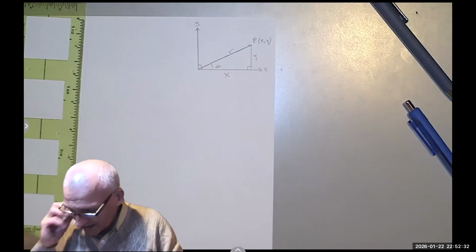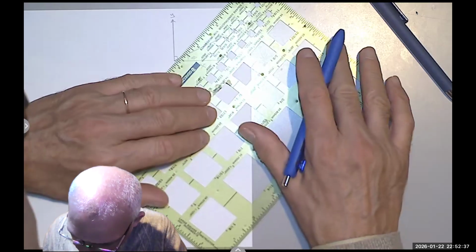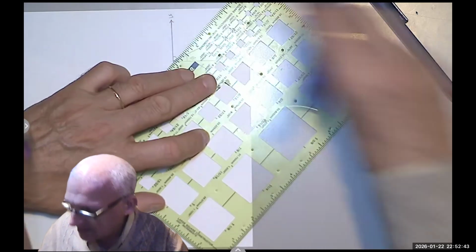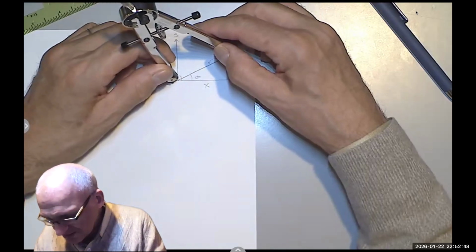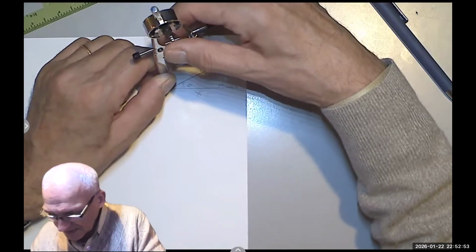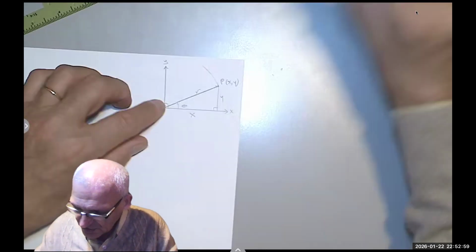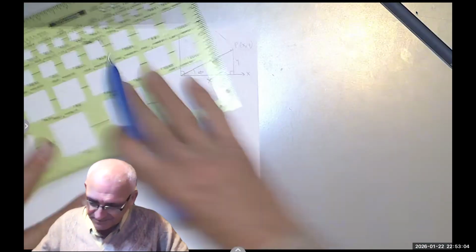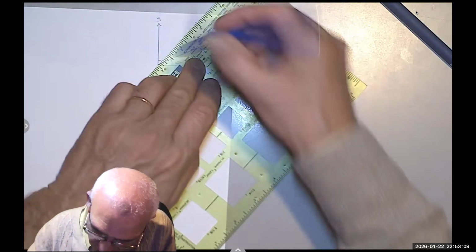Since rotation in the counterclockwise manner is positive, I'm going to assume we are rotating through an angle theta. You don't have to draw it to scale, but it makes sense. The length doesn't change because you are just rotating the point. So this point would go here. Okay. So let's do it in a different color. I'm going to use the blue pen.